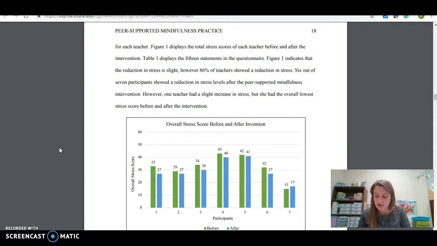That was where we see validity come in, because this individual is trying to determine if the action research she's doing and the intervention she's putting in place to reduce that stress is actually helping.